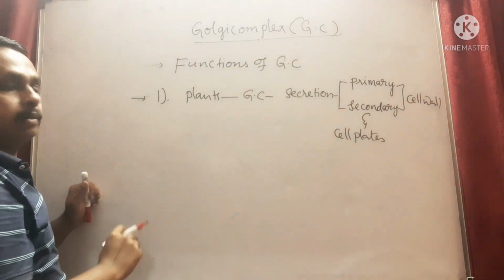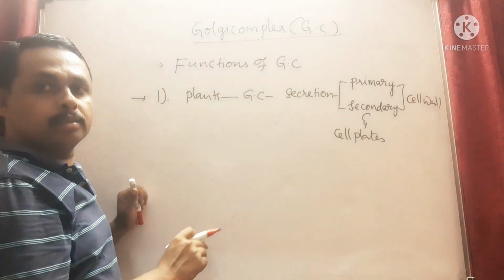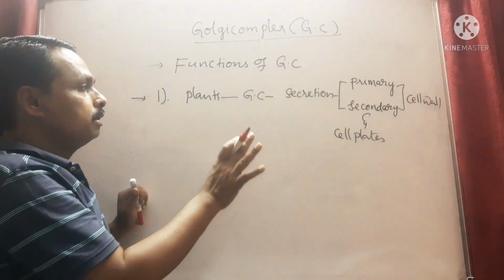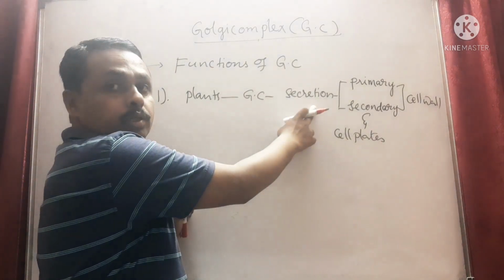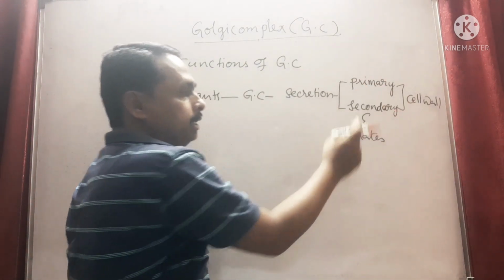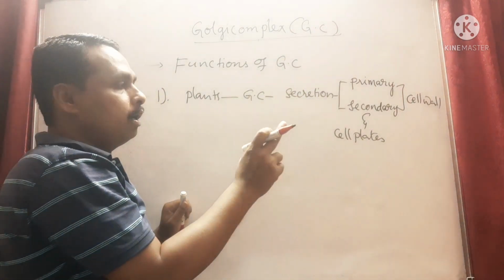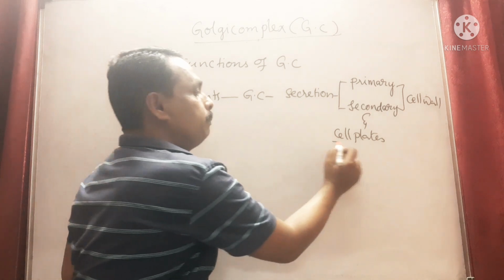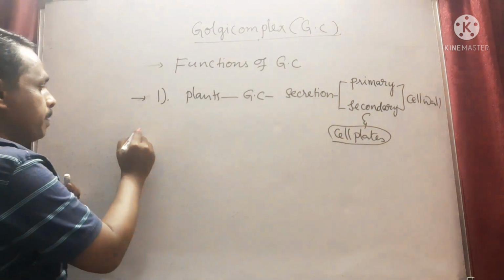This is the first function. The first function of Golgi complex in plant cells: it is involved in the secretion of primary and secondary cell wall materials of the plant cell wall and also cell plates. This is the first function.